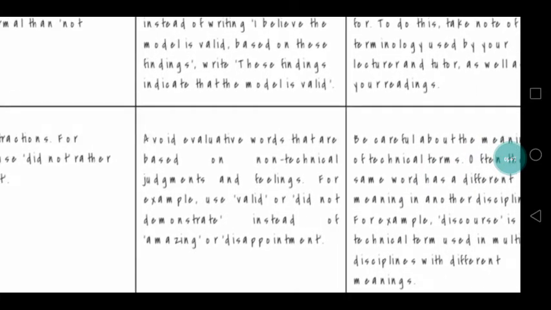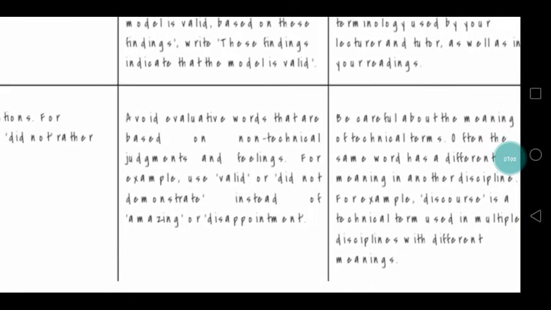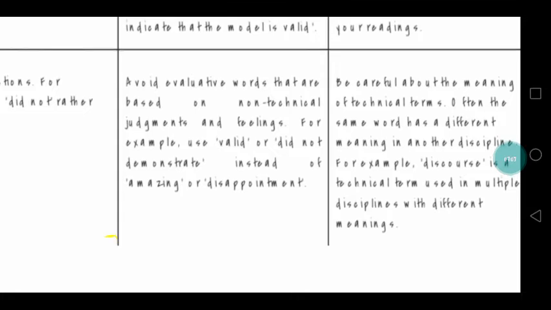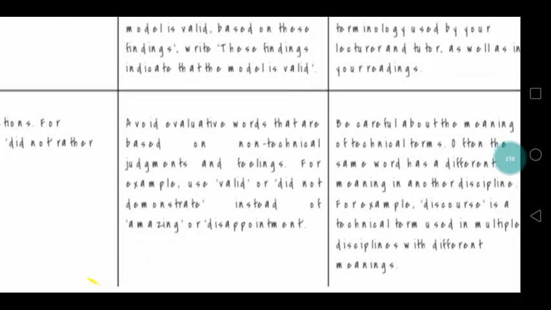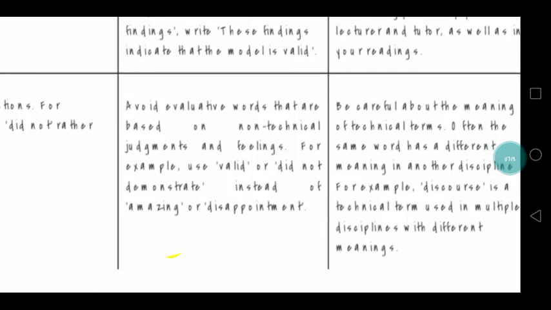Next, avoid evaluative words that are based on non-technical judgments and feelings. For example, use valid or did not demonstrate instead of amazing or disappointing. And then be careful about the meaning of technical terms. Often, the same word has a different meaning in another discipline.